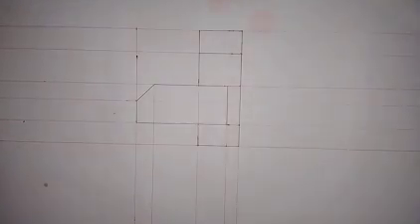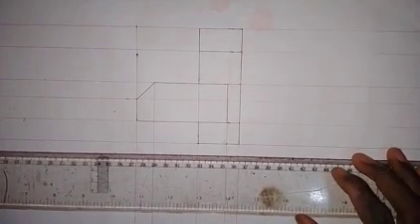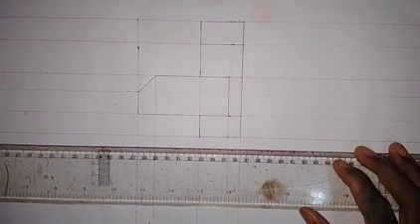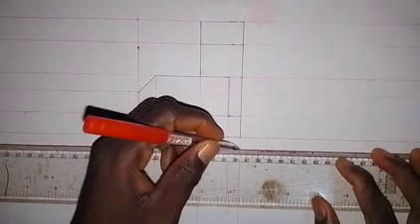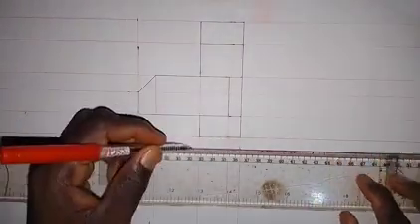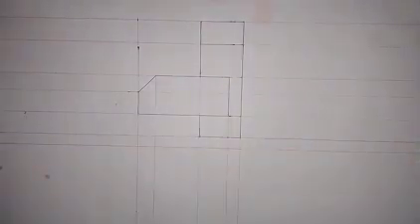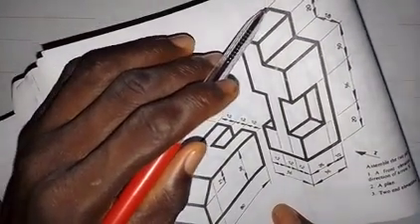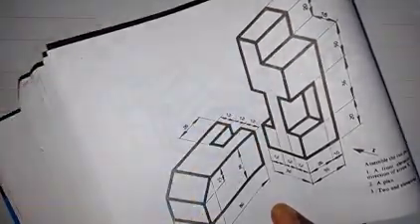So what I need to do now is come up a little bit, moving away from the front elevation, and then draw a horizontal line here. As we have here, the total distance from here to here is 18, and then this is also 18 millimeters.